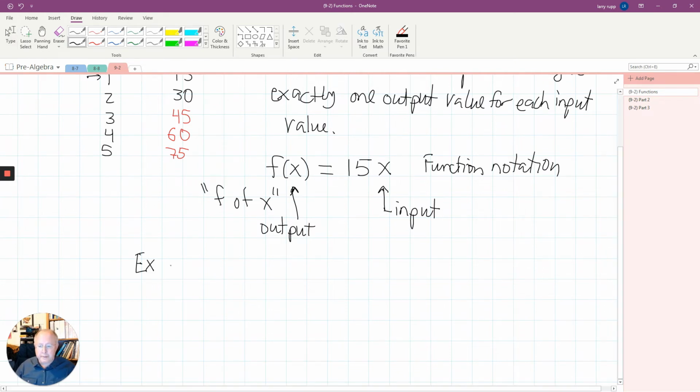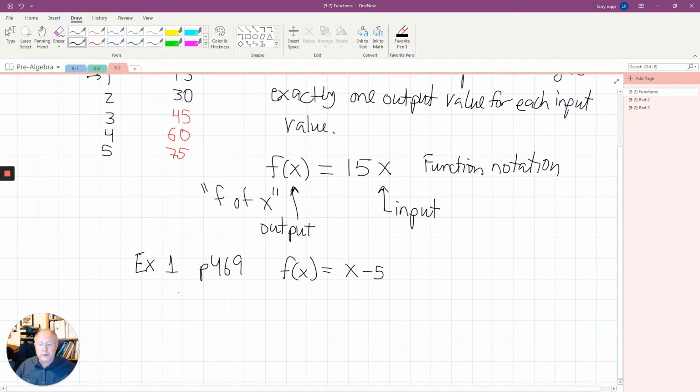Okay, let's do example 1 on page 469. It says that we have this function: f of x is equal to x minus 5.